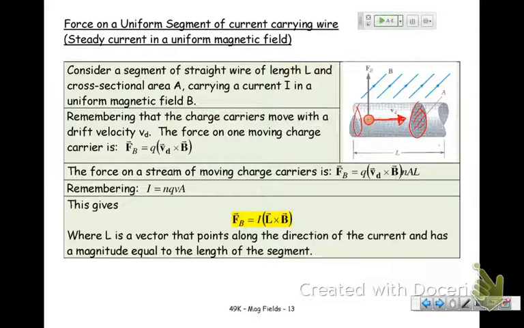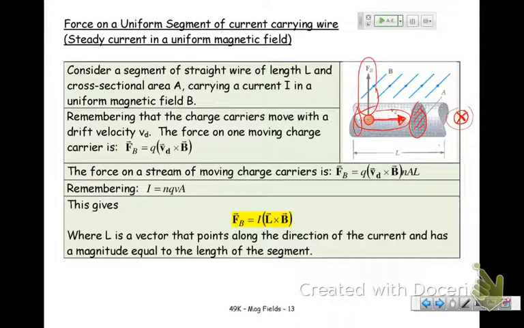And it's in a uniform magnetic field, which is going into the page. I don't know why they suddenly gave you a three-dimensional drawing here, but it is into the page. So my V is to the right, and my B is into the page, so my force is upwards. This is a vertically upwards force because of that V and that B.